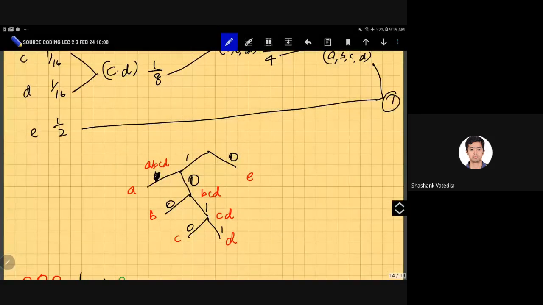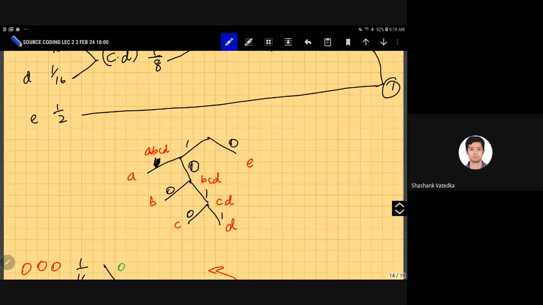So let's look at this particular example where we had 5 symbols, and the code words were 11 for A, 100 for B, 1010 for C, 1011 for D, and just 0 for E. So this was a Huffman code.